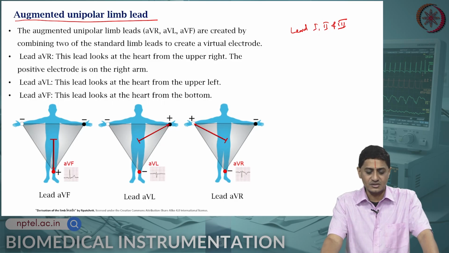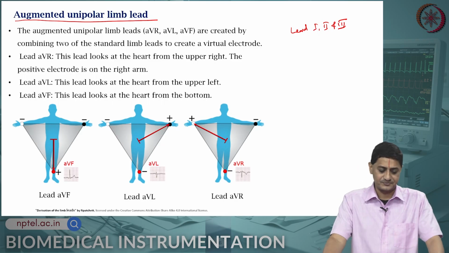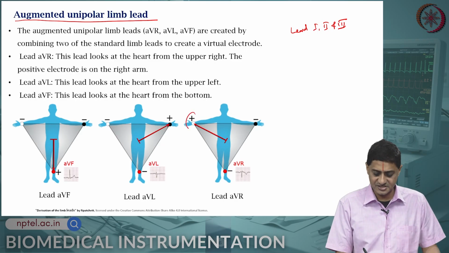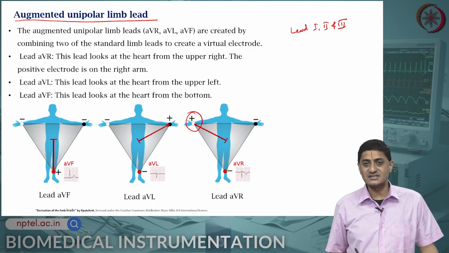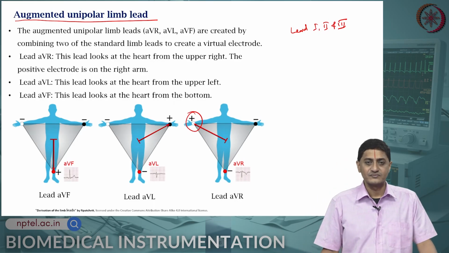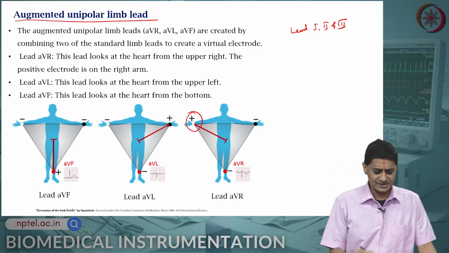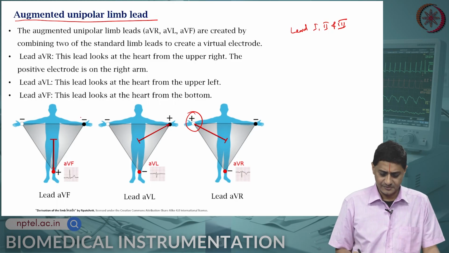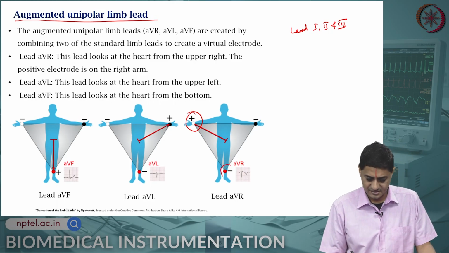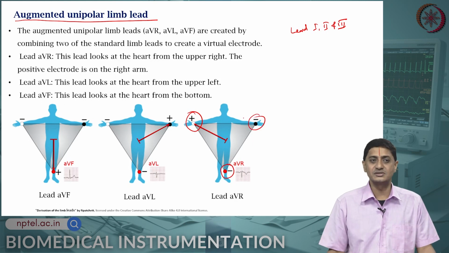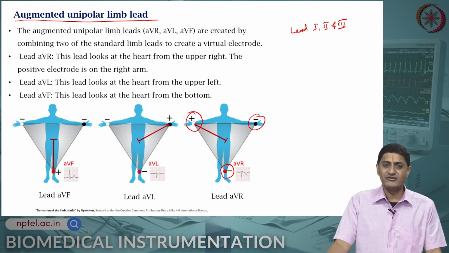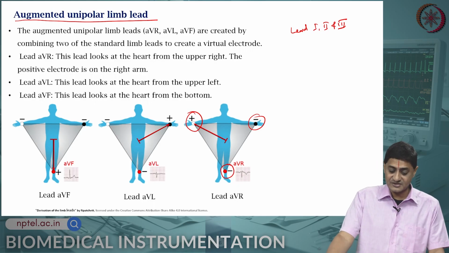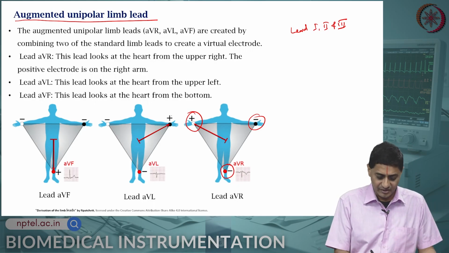The positive electrode is on the right arm, and then you compare this with the other two, which together essentially constitute the negative. AVL looks at the heart from the upper left. In this case, the positive electrode is on the left arm.